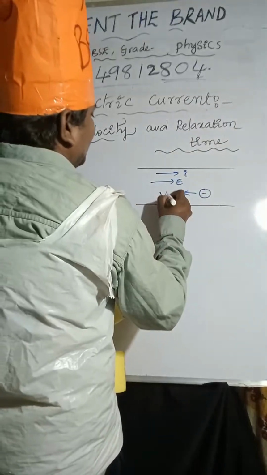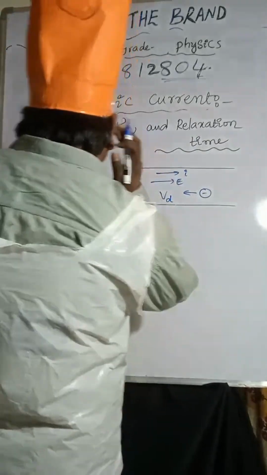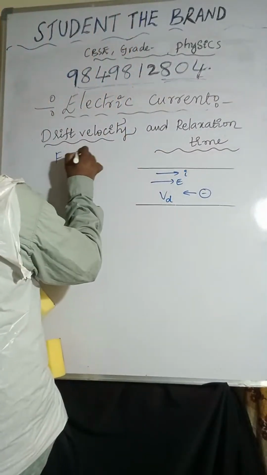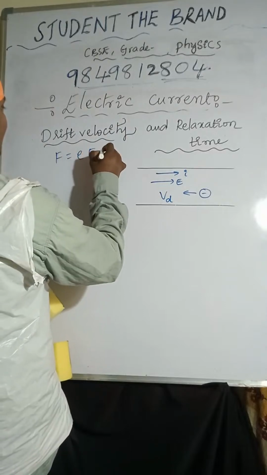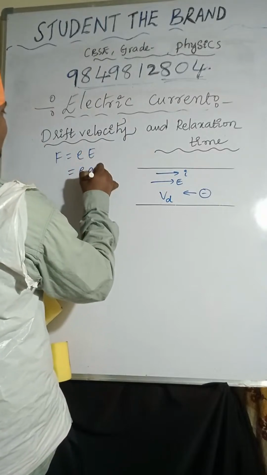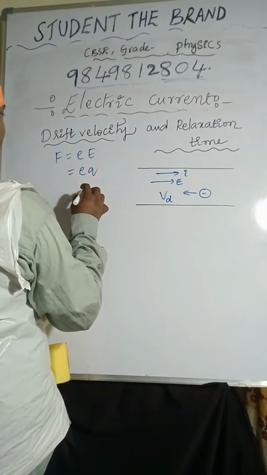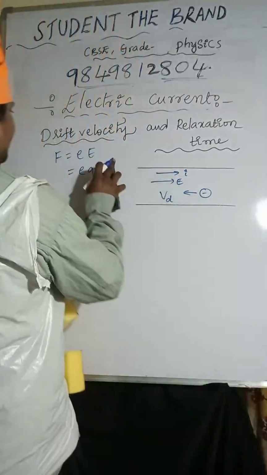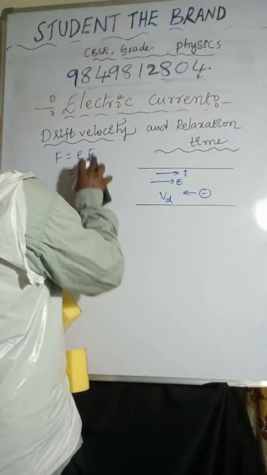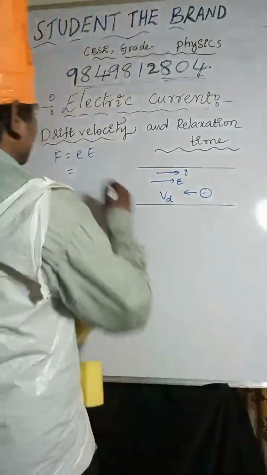So there is a drift velocity. The force is F equal to Q into E, the electric field only, right?